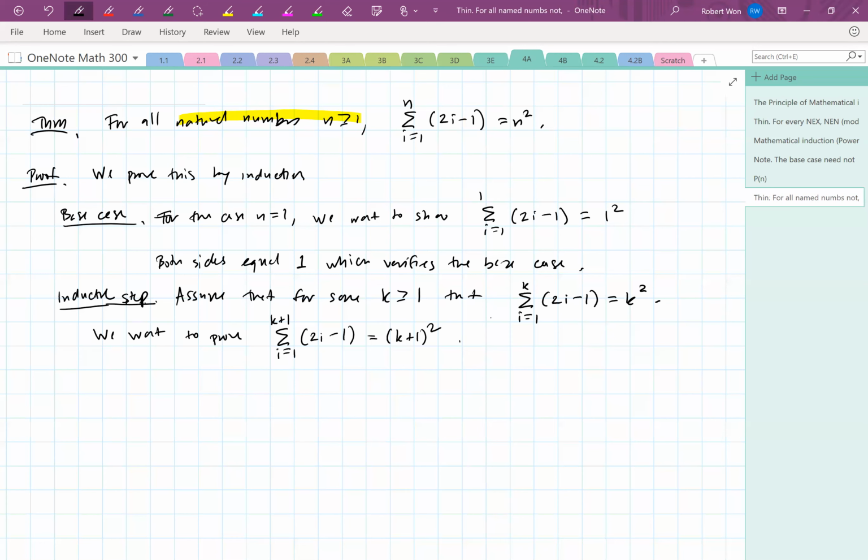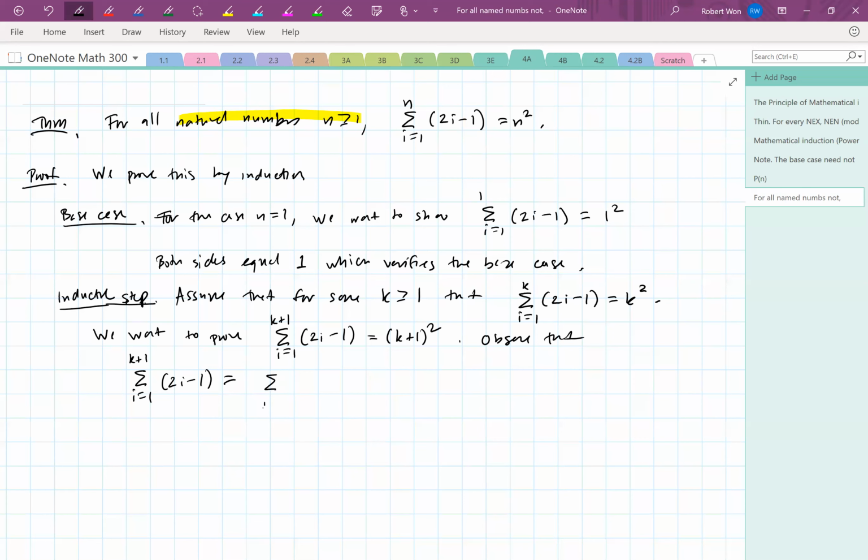Okay, now observe that the sum from i equals 1 to k plus 1 of 2i minus 1 is, again, the first sum plus the last term.